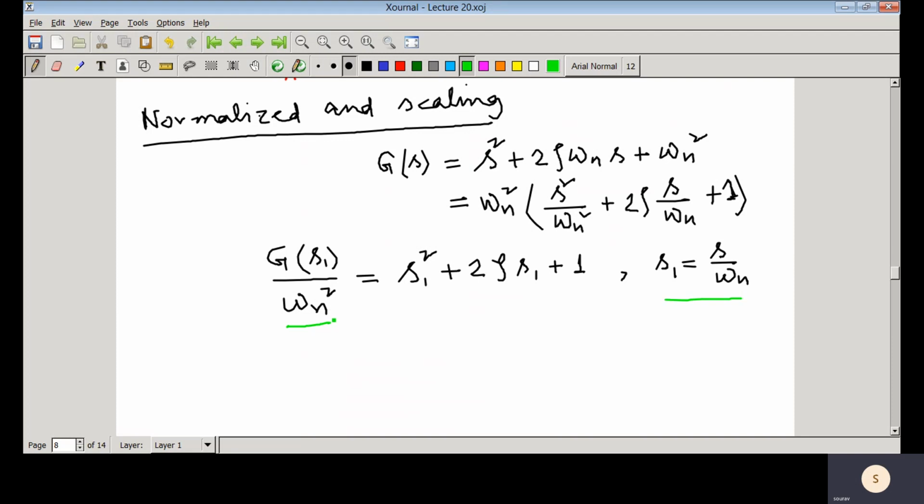Now if we take 20 log of this one, then in the low frequency the asymptote is 0 dB and the corner frequency is 1 rad per second. So let us write this: low frequency asymptote is 0 dB.